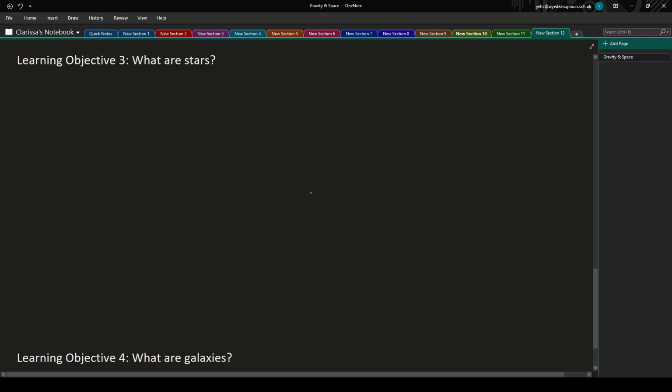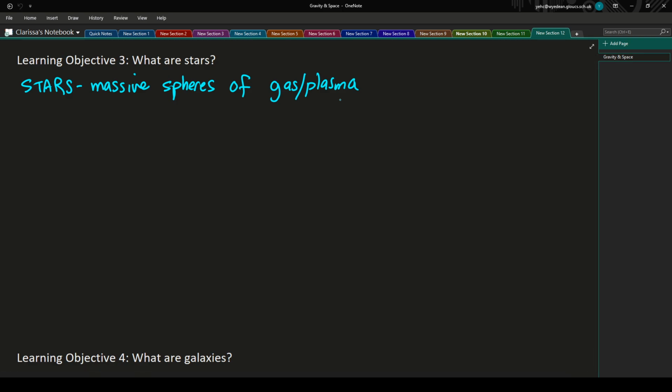So, stars, they're basically just massive spheres of gas/plasma. For example, the gas that makes up our sun, our star that we orbit, is hydrogen and helium mostly.